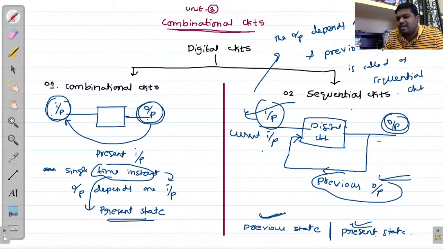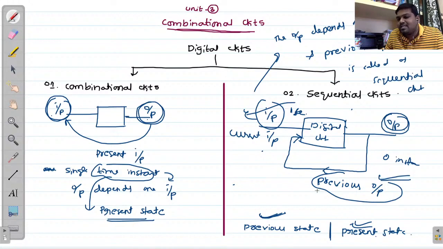Here we are getting certain output, which means certain data. That data you have to hold for the next time instant to provide as an input to this circuit. For example, I am at the 0 instant, and I am providing the current input at the first second. So now I am getting output at the 0 time instant.